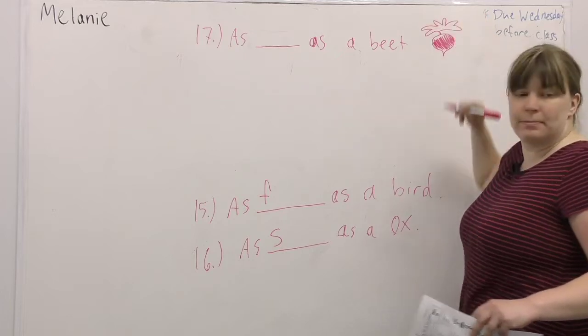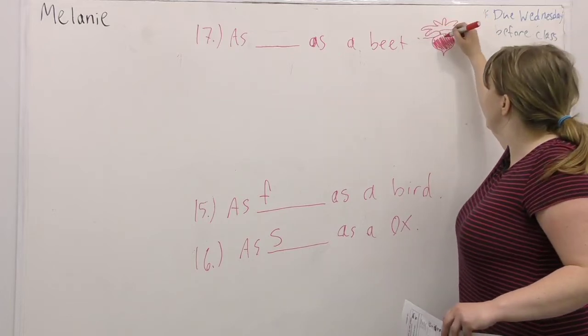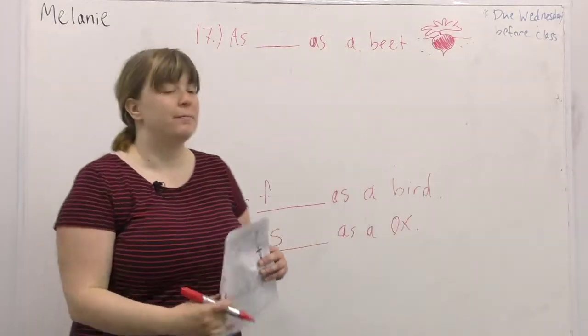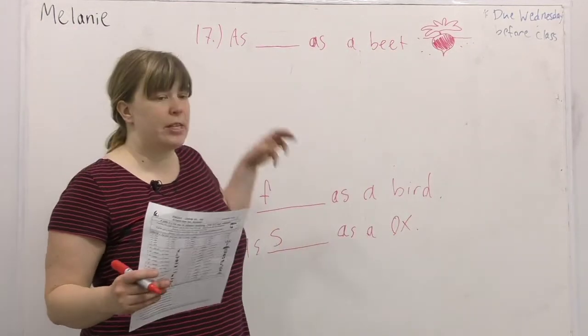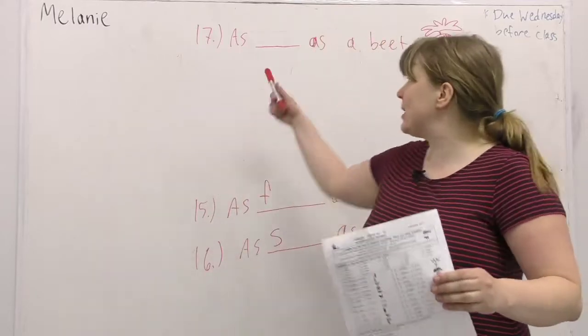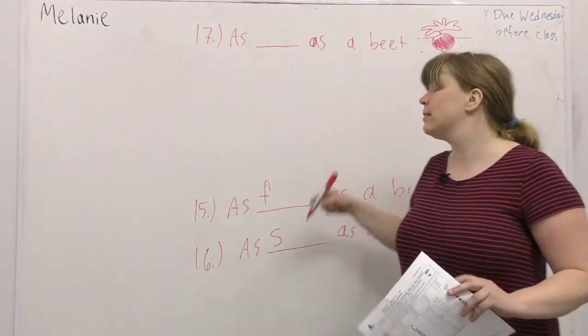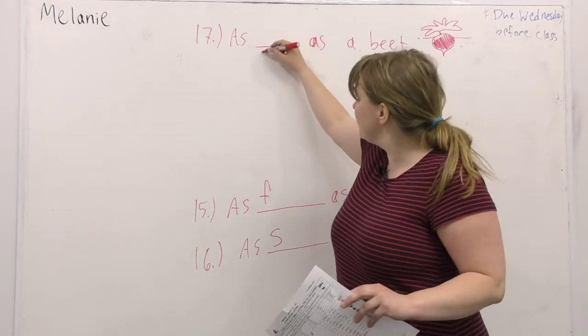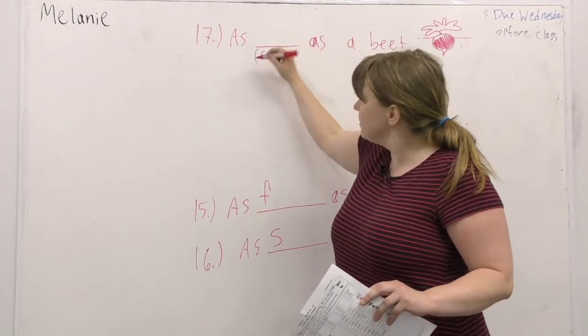It's a red vegetable. Usually it's in the ground. Okay, so that is number 17. As something as a beet. Think of the color. That's my hint. Think of the color.